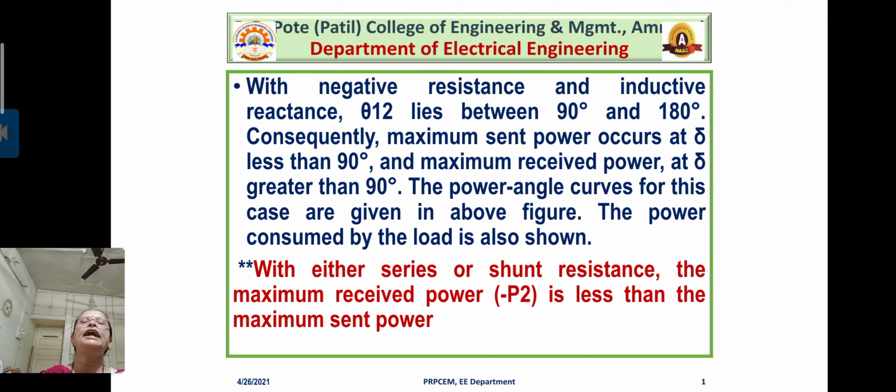Therefore, note down this sentence, underline this sentence: with either series or shunt resistance, the maximum received power is less than the maximum sent power. That we have proved here. This is the bottom line of today's session. I will repeat it. With either series or shunt resistance, the maximum received power is less than the maximum sent power. Right?